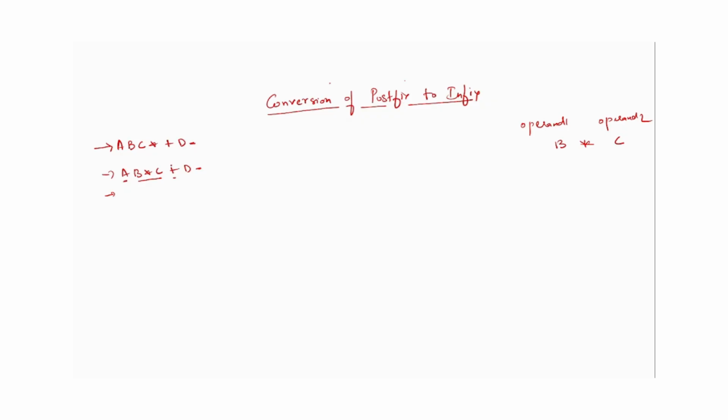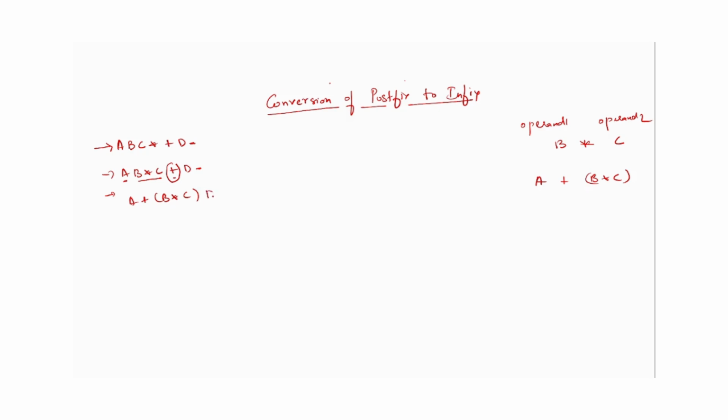Once we encounter an operator, we stop there. A would be my operand 1 and B star C would be my operand 2, and then I will place the operator plus between them. So I can write A plus B star C.